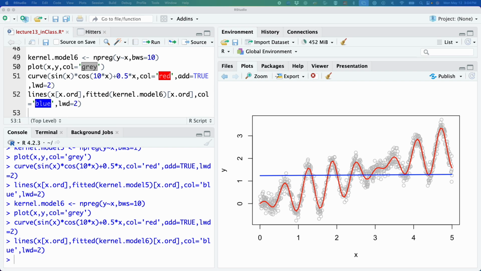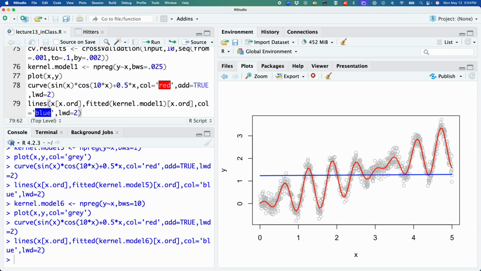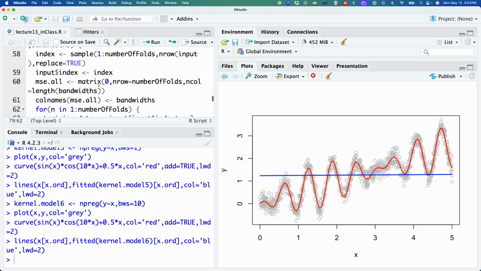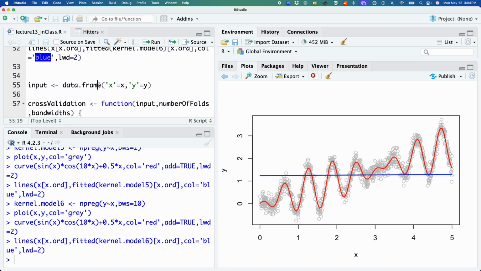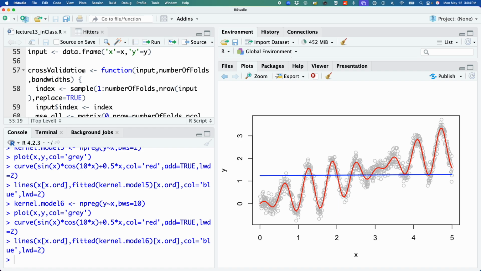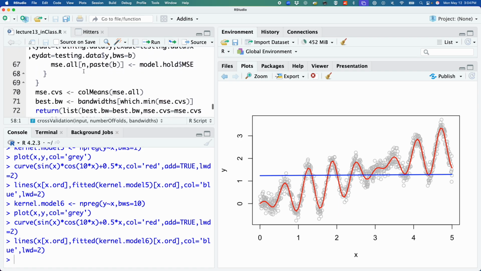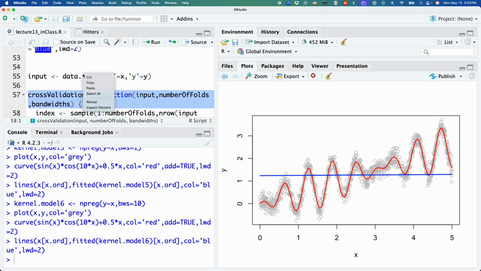Okay, really quickly, the last thing I'll show with this is, what is the best bandwidth that you could use? Well, we can take our cross-validation function that I know you are all pretty familiar with at this point. I can replicate that for specifically kernel regression.